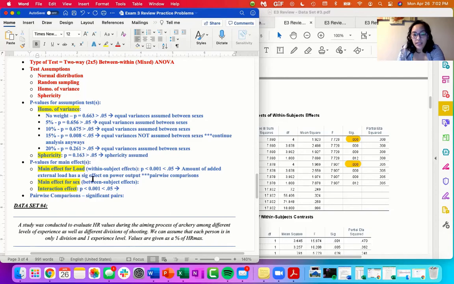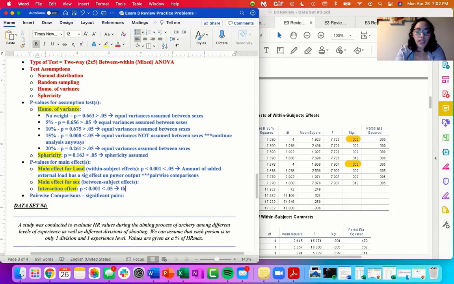Rather, is there a significant interaction between these two when we look at the dependent variable? We have to be careful with wording because you can either look at differences between loads within sexes, or differences between sexes within loads.